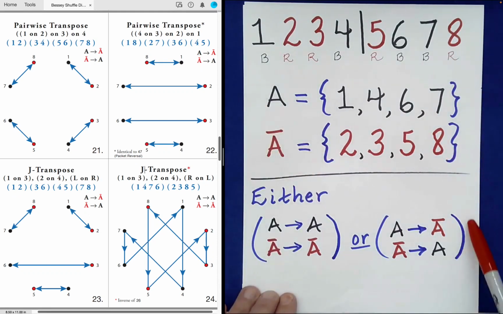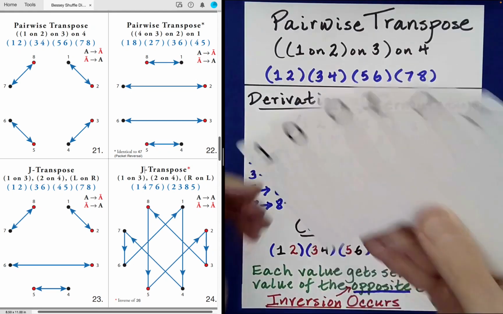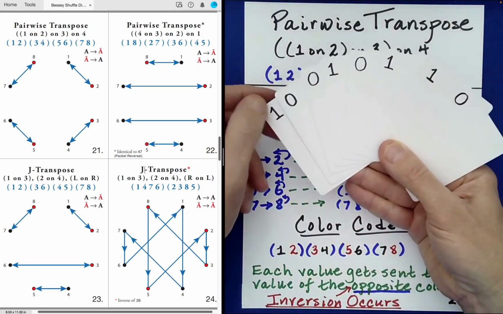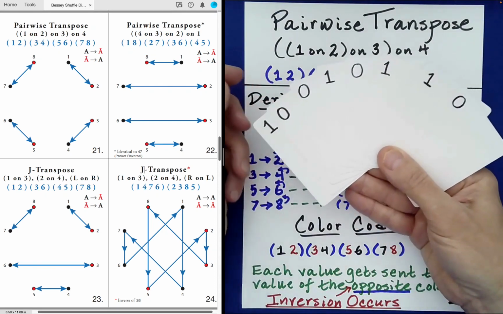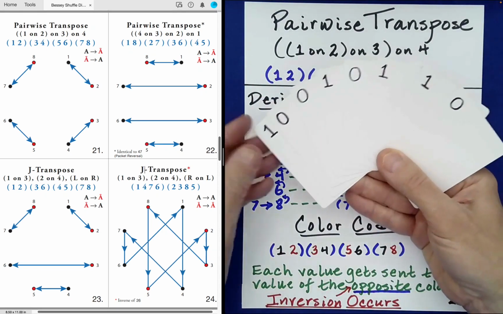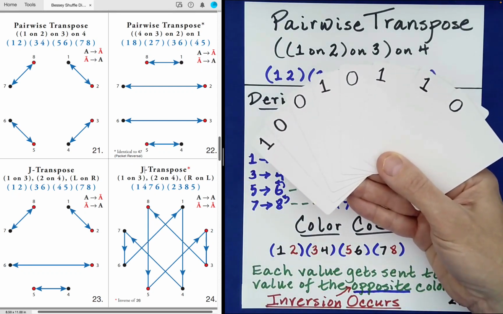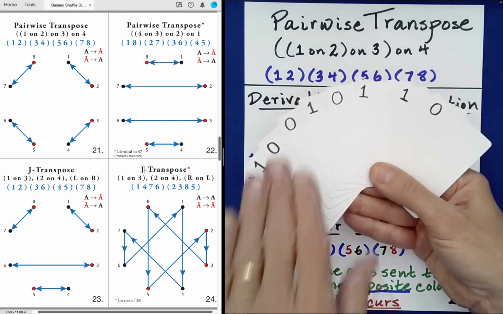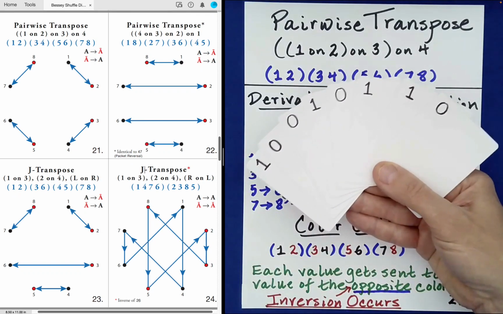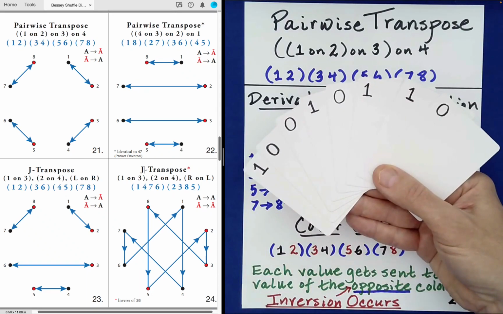So we have this situation resulting. Since inversion occurs, we can illustrate that by using our Bessey sequence 1001, 0110 to show that the pairwise transpose, when performed on this packet of 8 cards, will invert this sequence.